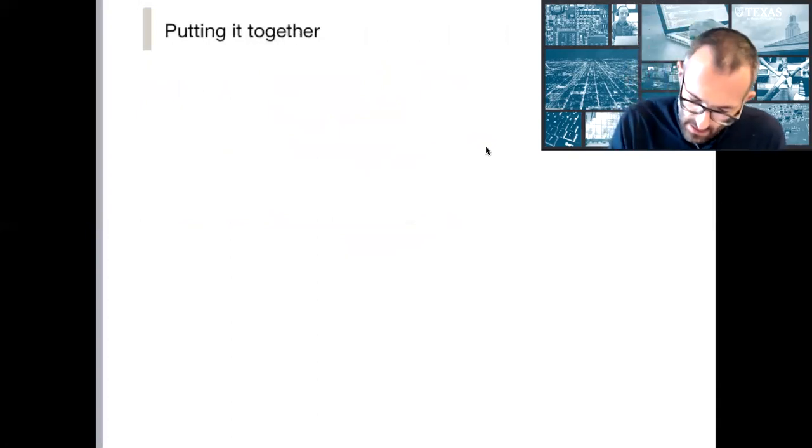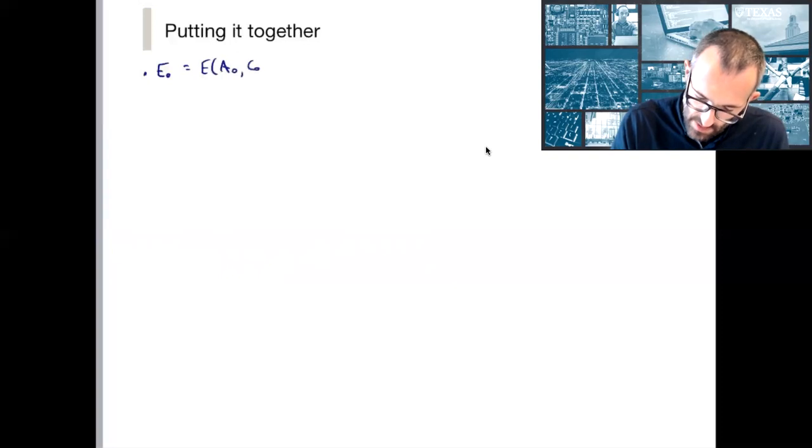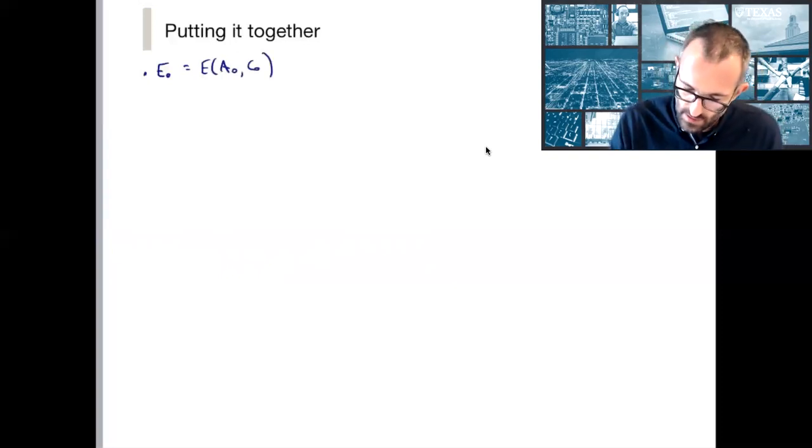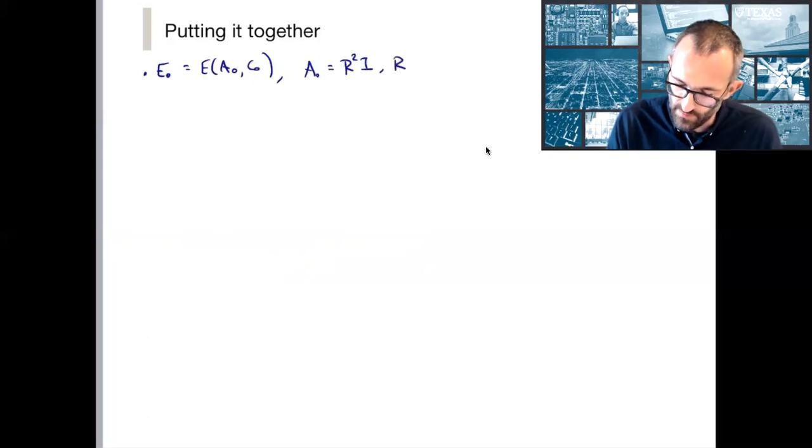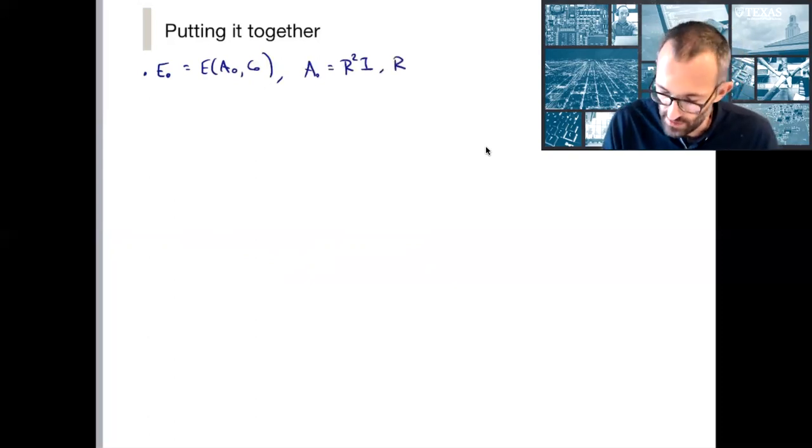So basically, we initialize with E0, which is an ellipsoid defined by A0 and C0, where A0 is, again, going to be r squared times the identity, where r is as given in the previous slide.